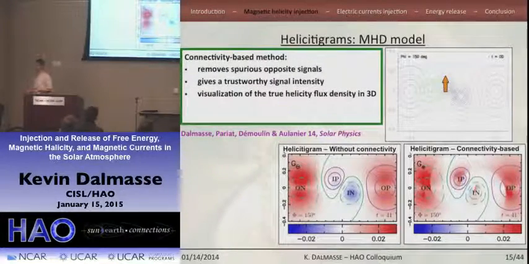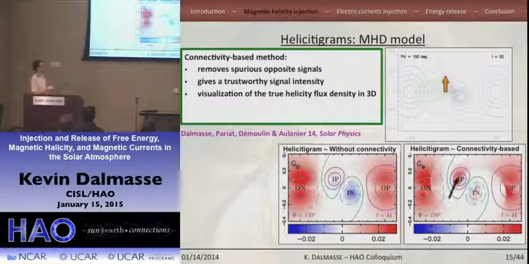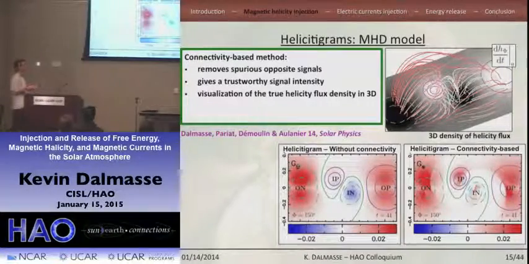Then, with a different test that I did, I showed that the connectivity-based method presents three advantages. First, it allows to remove the spurious opposite signals that you can see with G theta. It gives you a trustworthy intensity of the signal of helicity flux, and it allows you to study the helicity flux in active regions in 3D.